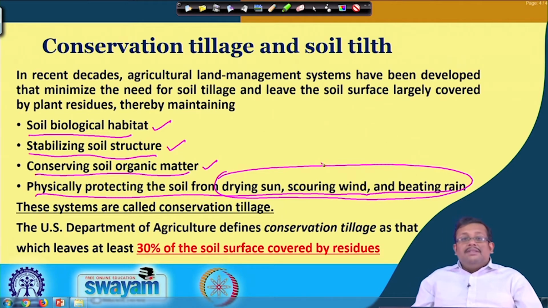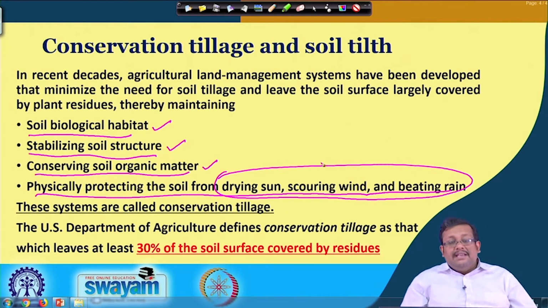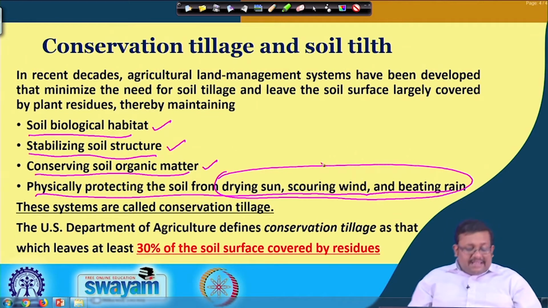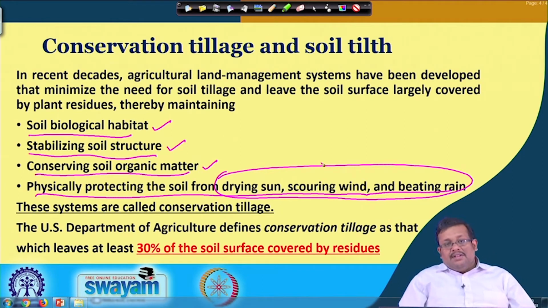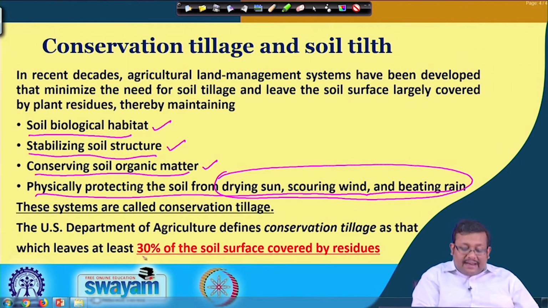Now according to the US Department of Agriculture or USDA, they define conservation tillage as that tillage practice that leaves at least 30% of the soil surface covered by residues. So this is an important aspect. Unless you leave the plant residues in the field after the harvest, you cannot term it conservation tillage.